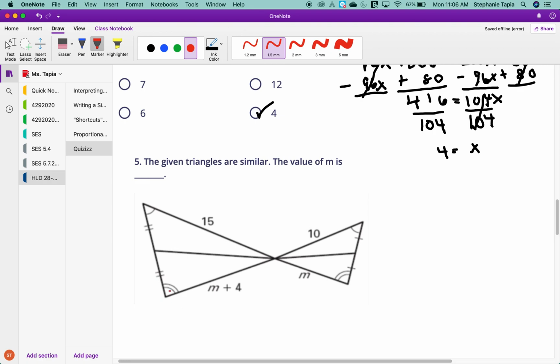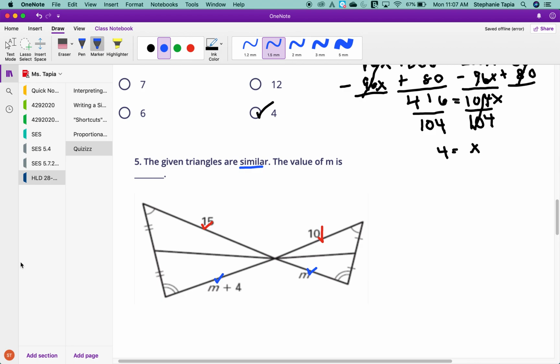So if these two angles are congruent, then that means that these two sides are corresponding. Similarly, if these two angles are congruent, then these two sides are corresponding or proportional, because that's the definition of similar figures.